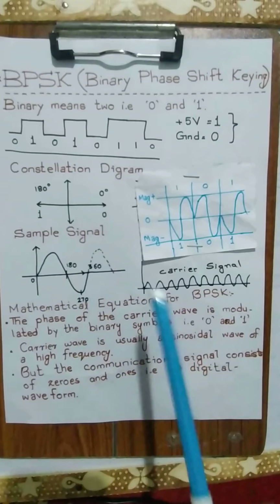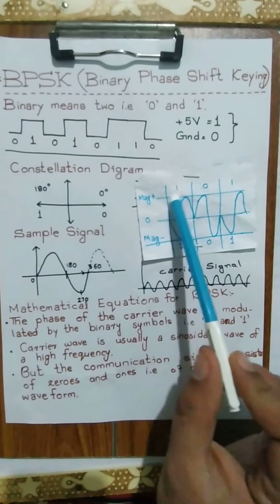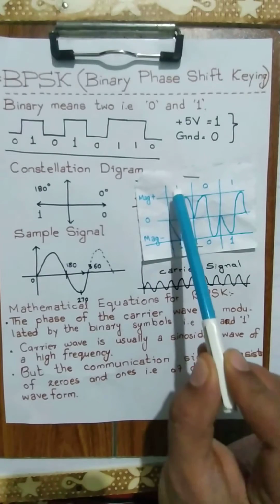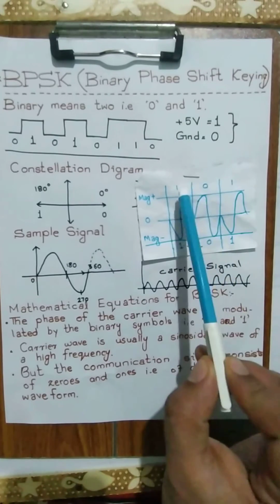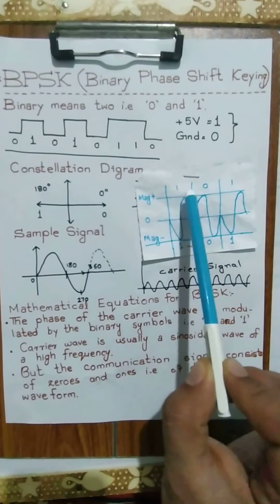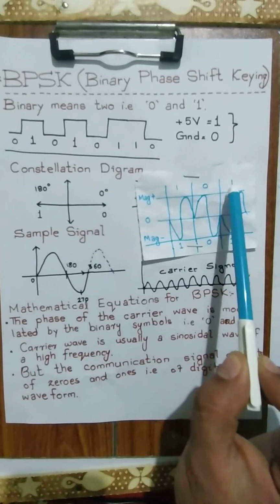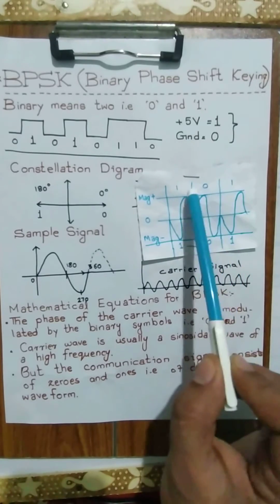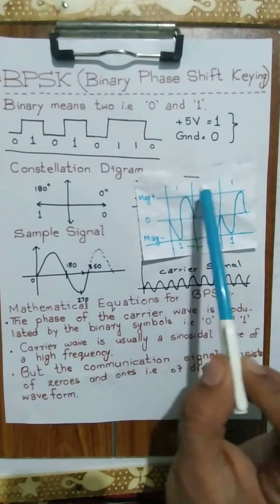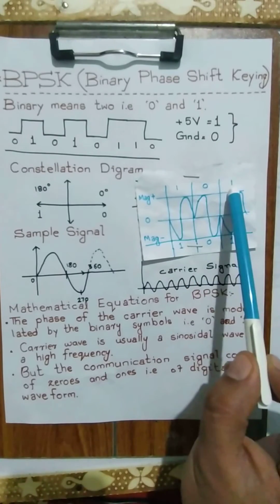Then we know that our information signal, the digital signal which has some sort of information, consists of 1 0 1, or in any combination, like 1 1 0 0 0 1 or 1 0 1, and so on.